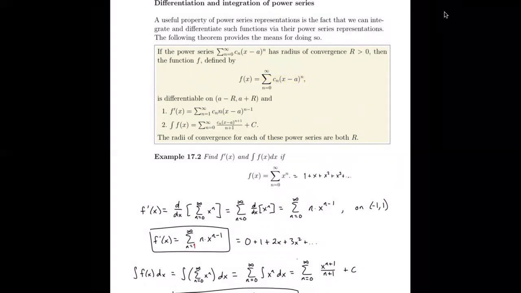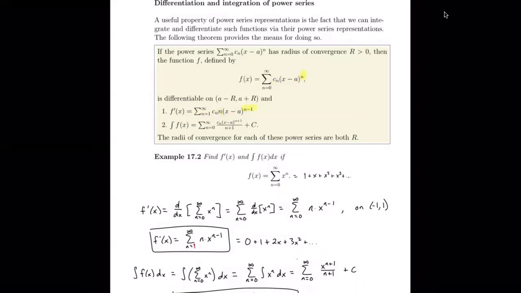So what this is telling us down here, number one, is that we can take the derivative of that power series with respect to x. And you see what's happened is this n has become an n minus 1 with a multiple of n at each term. That's essentially just the derivative power rule. And we've changed the index by just a little bit, because remember that c naught is when n is equal to 0.